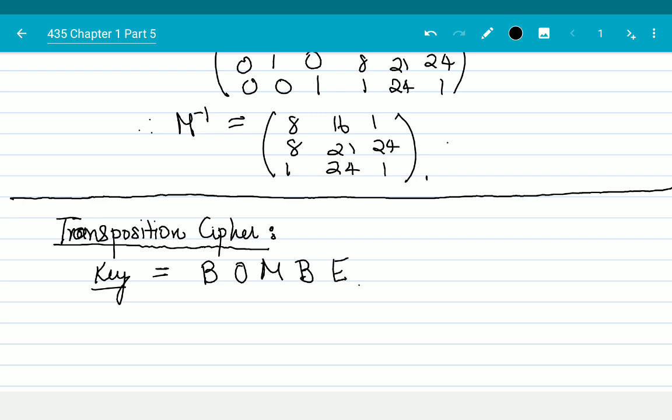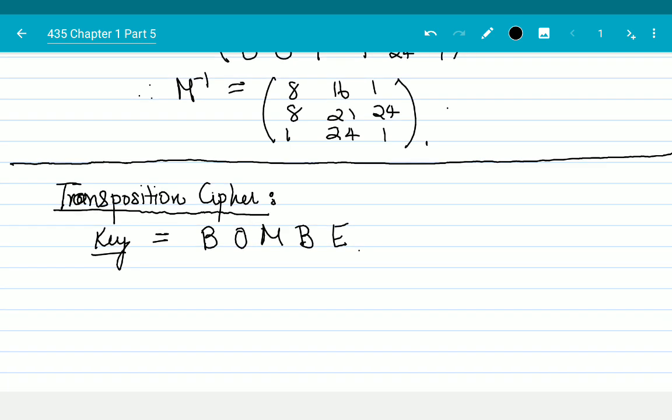It doesn't matter what exactly the numbers are for these letters. You just count them in alphabetical order. In alphabetical order, the first B comes first. Even if some letters appear twice, it's fine.